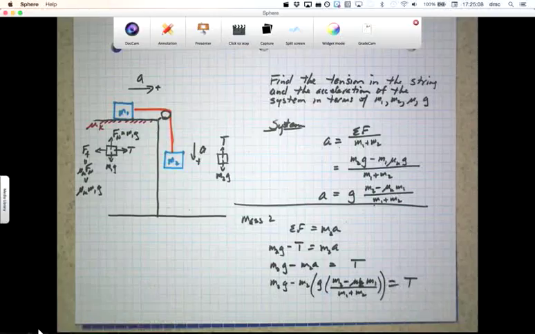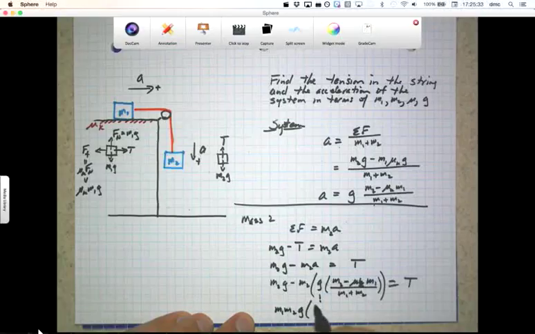And you could probably leave it like this, although if this is something in the answers in the back of the book, it would be tidied up a little bit. A bunch of steps in the middle, and then your final answer would be m1 m2 g times 1 plus mu, over m1 plus m2. And that equals your tension.